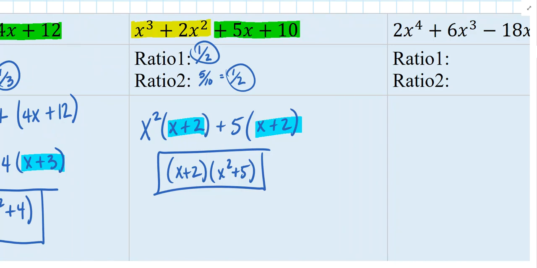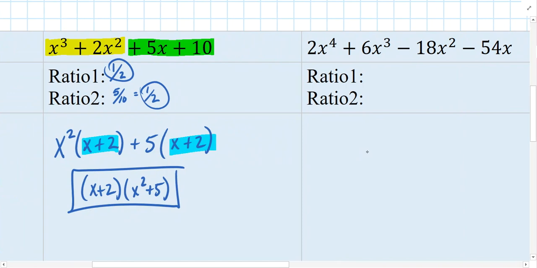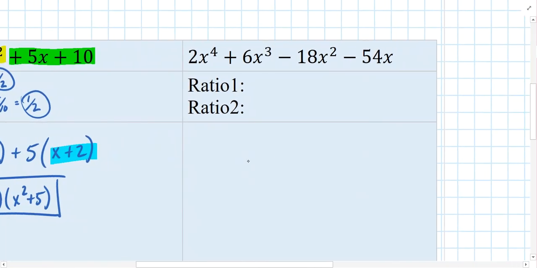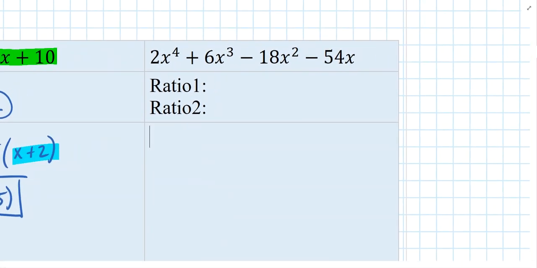I'd like you to try the last example on your own. However, the polynomial has a common factor across all 4 terms that must be factored first. Then the factor by grouping technique can be applied. Please pause the video now and resume playback in a moment to check your work.